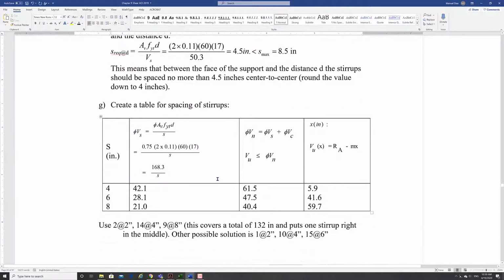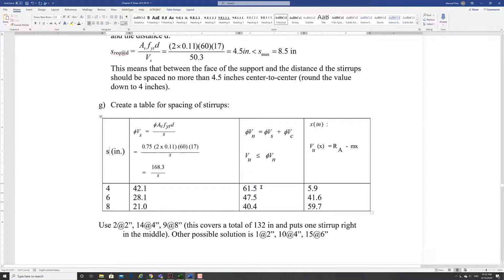So I'm going to do a table between 4 and 8, and of course I'm going to see how I'm going to change that. I do 4 and I find my V sub S, as we did before, and then you add V sub C, and that gives you the shear that you have at 4 inches.